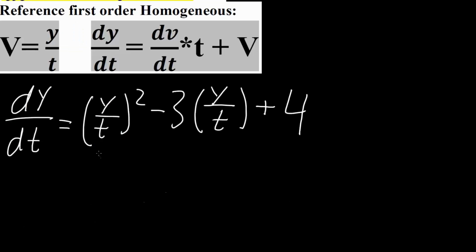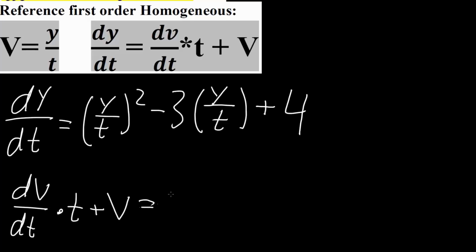And now the next thing we do is we replace y over t with our reference of v, and we replace dy over dt with this. And so we can say that dv over dt times t plus v is equal to, y over t would be v, so we can say v squared minus 3v plus 4.